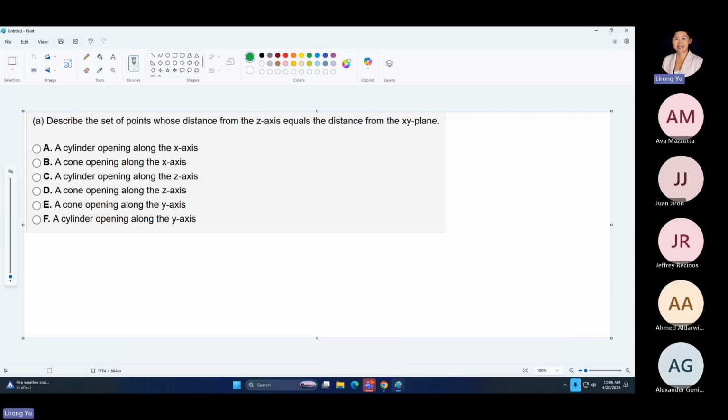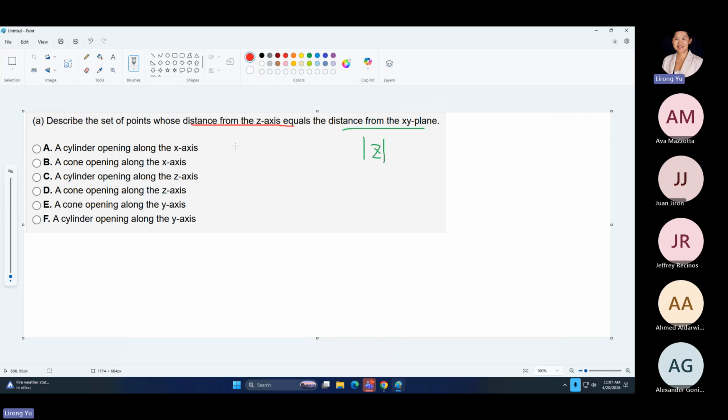So how do we represent distance from the xy plane? It will be the absolute value of z. That's the distance. Now the other distance, the distance from the z-axis: whatever point you are trying to connect to the z-axis, the distance is represented by the root of x squared plus y squared.